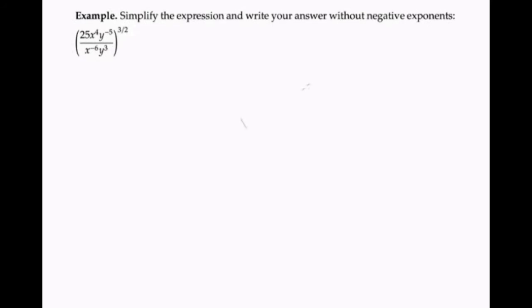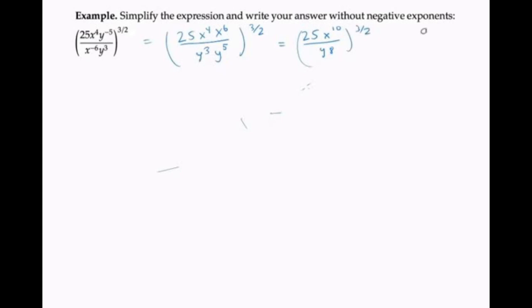In other words, I can write that as 25x, I bring the y to the minus 2 downstairs and make it y to the 5th in the denominator, bring the x to the minus 6 upstairs and make it x to the 6th in the numerator, and then I still have the y cubed in the denominator, all that raised to the 3/2 power. Using the product rule, I can rewrite the expression on the inside of the parentheses as 25x to the 10th over y to the 8th.